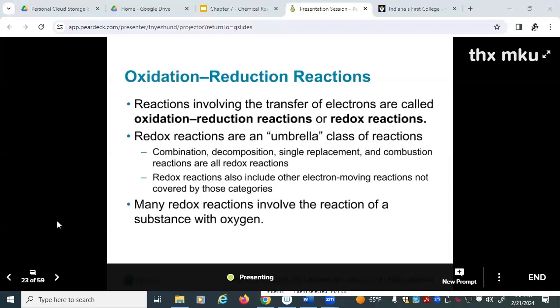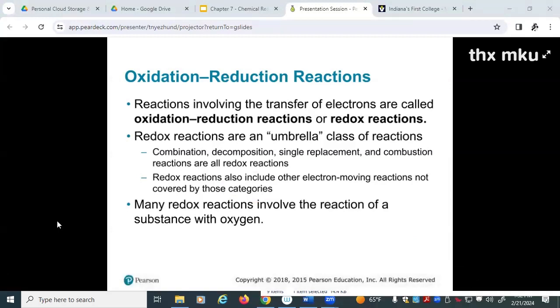The third type of reaction that we want to take a closer look at today are the redox reactions. Redox reactions are those that involve the transfer of electrons. What we really want to pull out of redox reactions is that this is not a single type of reaction.